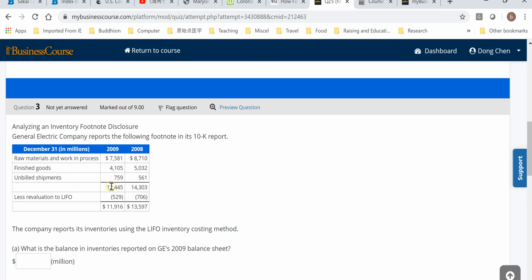This number, after summing up the inventory across different categories, is, if you look at it, less revaluation to LIFO. This means this row number is basically the FIFO, first in, first out number, and then we subtract each of the corresponding differences, which we call the LIFO reserve.